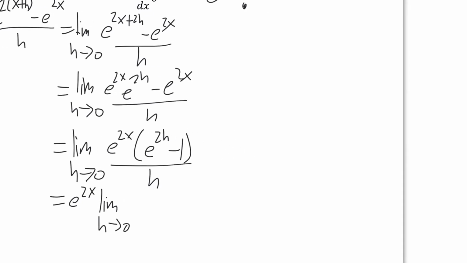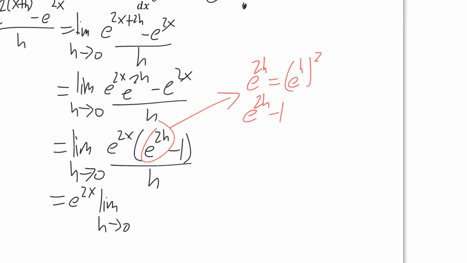We're going to take e to the 2h. And just like I showed up top, e to the 2h is equal to e to the h squared, because power to a power means multiplication, which means e to the 2h minus 1 is equal to e to the h squared minus 1, which factors as a difference of squares, e to the h minus 1 and e to the h plus 1.